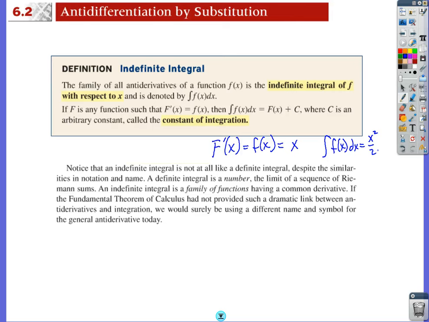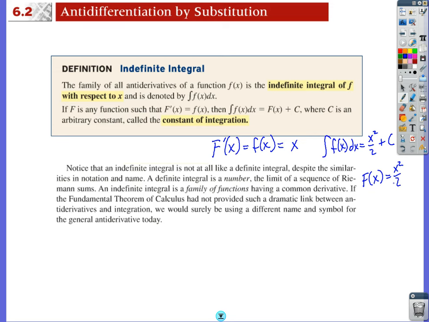But I can have any number I want here. That's why I put a plus c. So my capital F of x is equal to x squared over 2, but I can have any number attached to that. I can have plus a 4, plus a 3, plus a 2. Why? When I take the derivative of this, that number goes to 0 and it goes away.